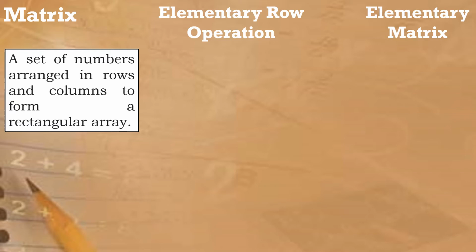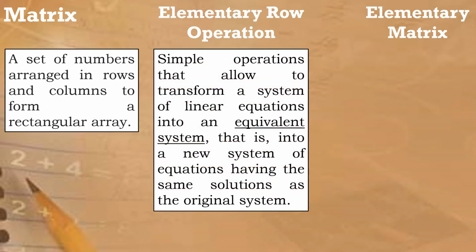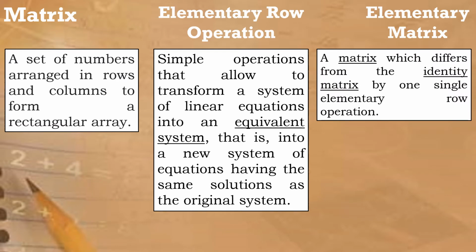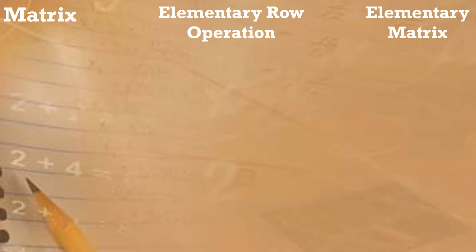An elementary row operation refers to simple operations that allow us to transform a system of linear equations into an equivalent system, that is, a new system of equations having the same solutions as the original system. And an elementary matrix is defined as a matrix which differs from the identity matrix by one single elementary row operation.